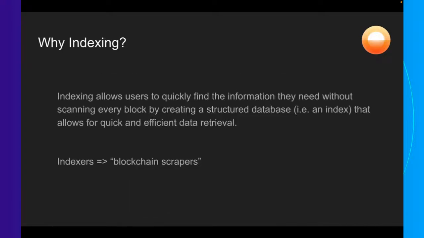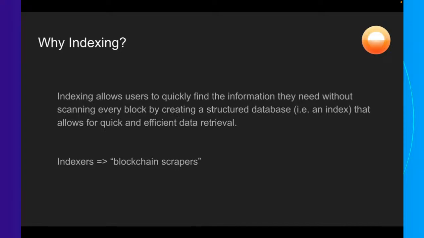So this is when indexing came as the natural solution, right? Indexing allows us to have a separate off-chain indexer, or let's say database, which keeps track of the continuously growing records that are created by the blockchain.